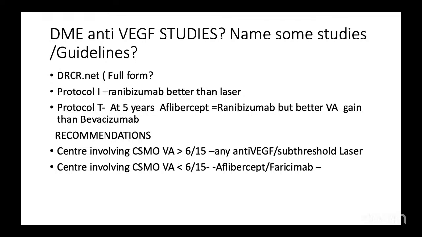Nowadays they are suggesting faricimab as a better drug, though long-term clinical experience is yet to be established. These are the two newer drugs. Faricimab is a newer drug. Brolucizumab, you have heard about brolucizumab? I think all of you have.